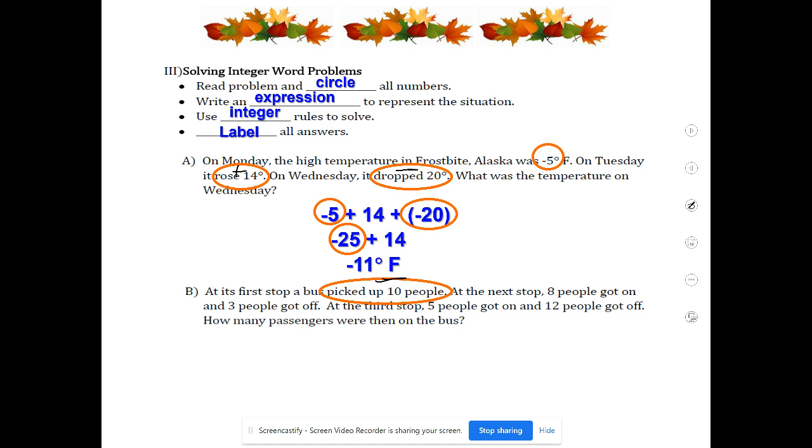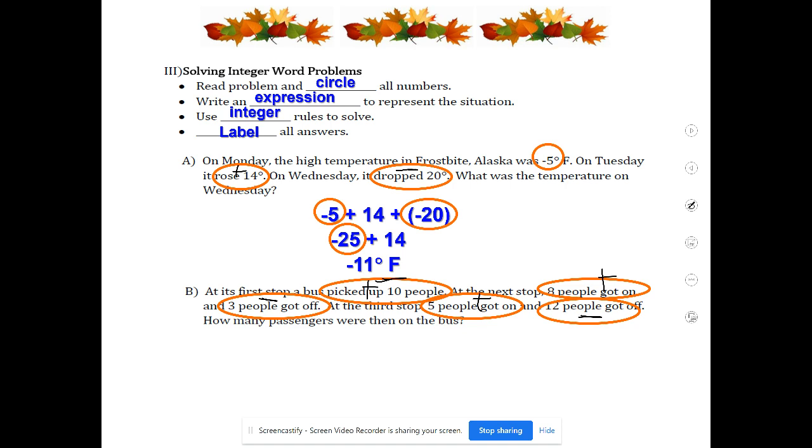That's going to be positive because there's more people coming. Then 8 people got on the bus. That's positive. 3 people got off the bus. So 3 people are leaving, which is negative. Then we have 5 people got on. That's positive. And 12 people got off. That's negative. So that tells us how to set up the problem.